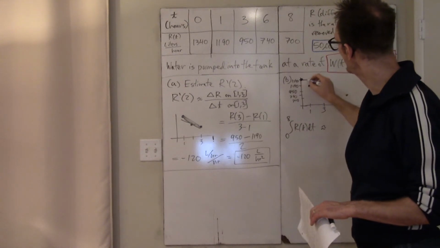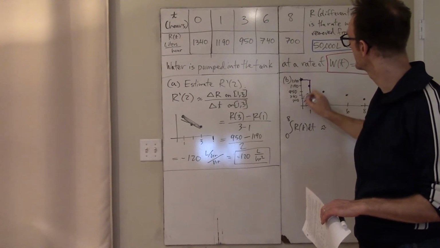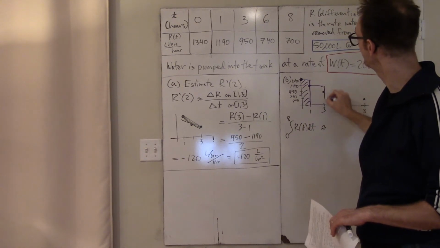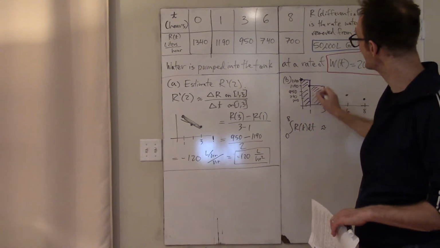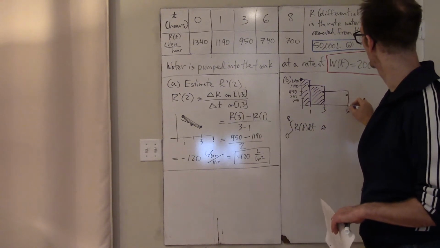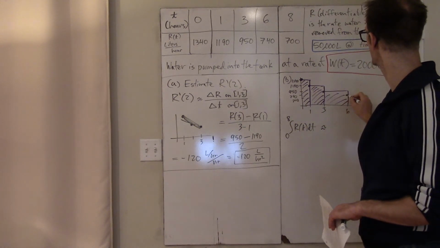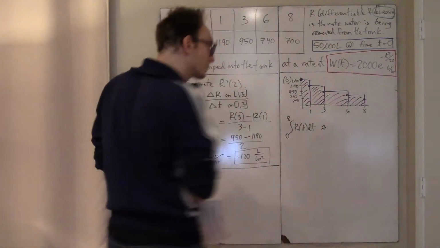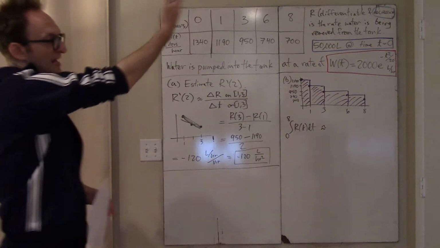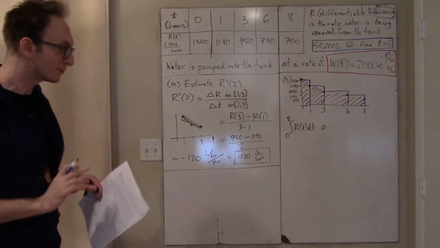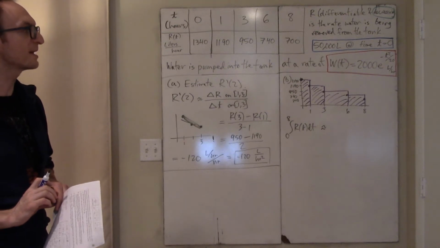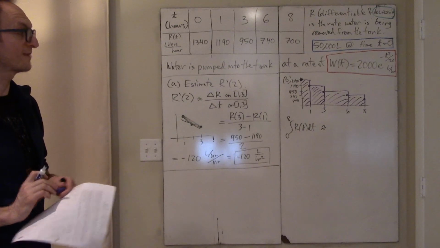In other words, they're telling you to find this sum, in other words, to estimate this integral using a left endpoint approximation. And so here you're given 4 subintervals, 5 pieces of data, which leads to 4 subintervals, and on each subinterval to use the left endpoint of the subinterval as the estimate for the value of the function.